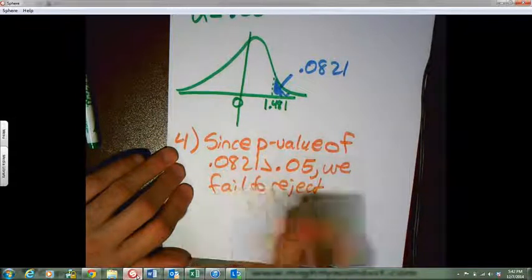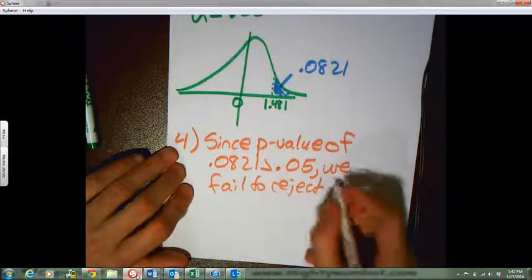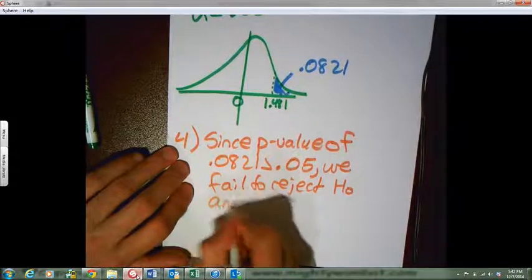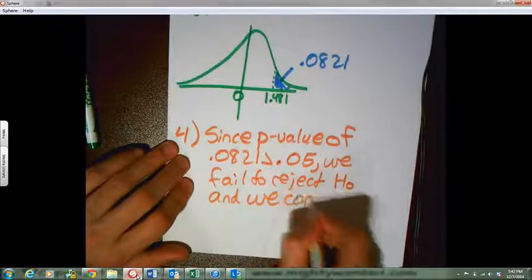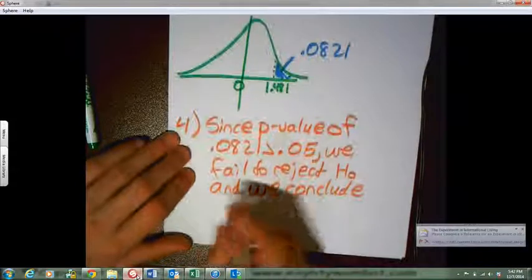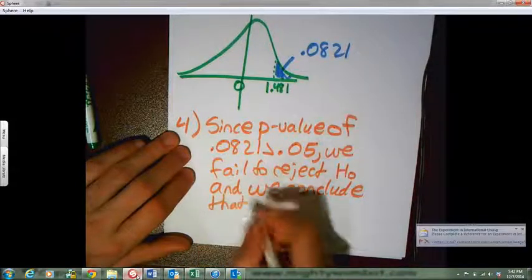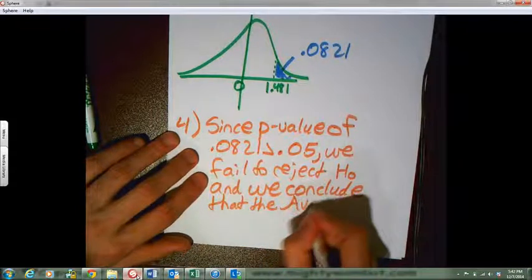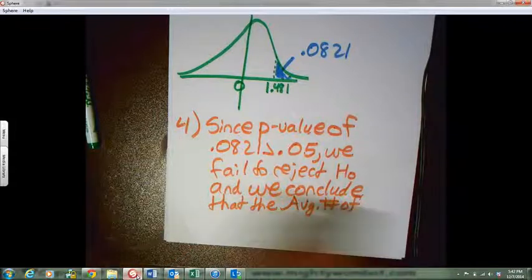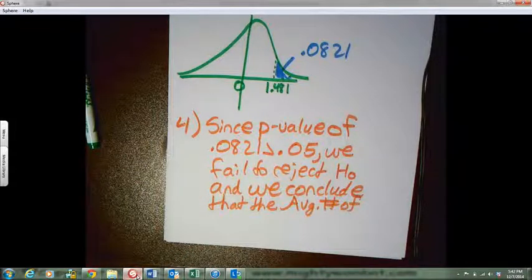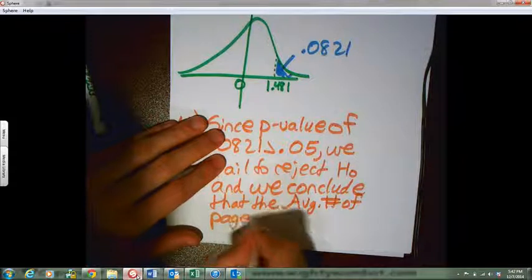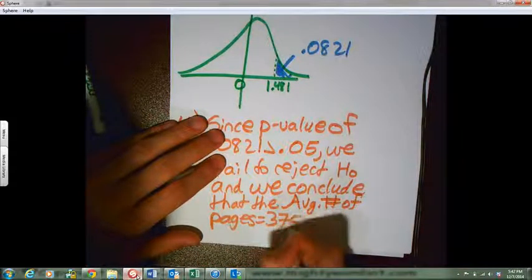We fail to reject H0, the null hypothesis, and we conclude that the mean or the average number of pages, here's H0, that it equals 375, and we conclude that the average number of pages equals 375. And that is it, folks.